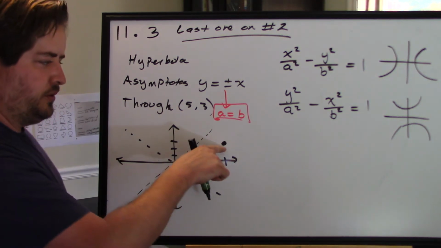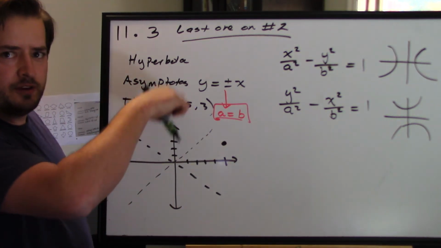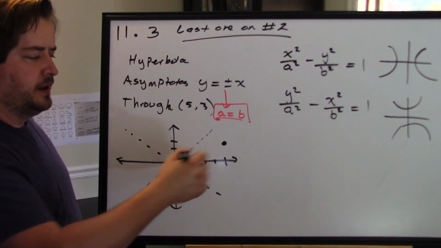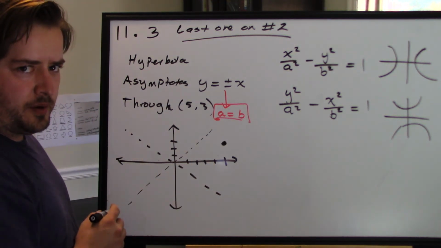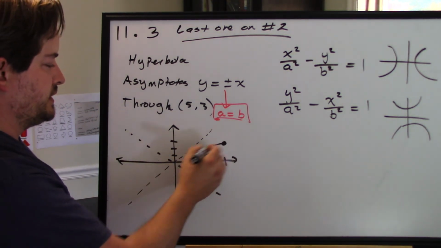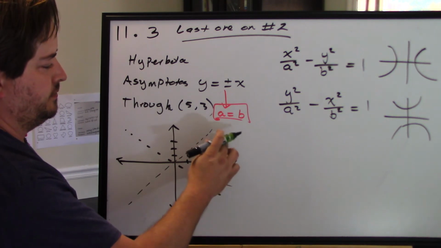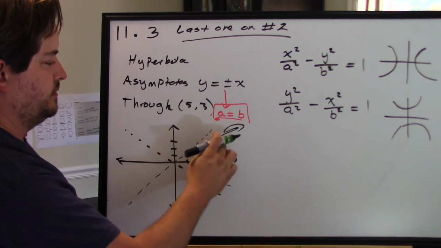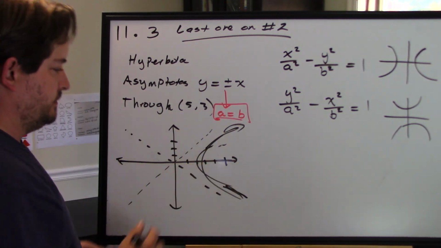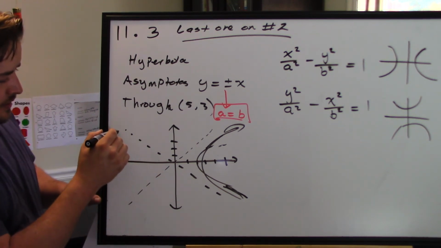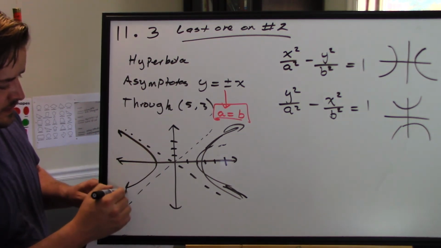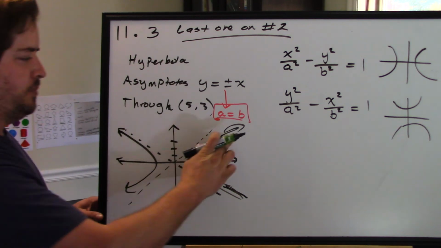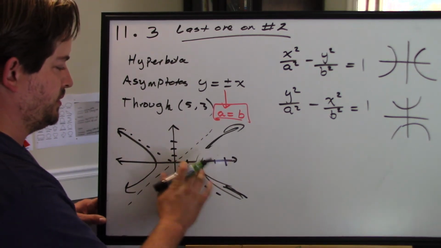Well, that point right there tells me that I couldn't possibly have an up and down hyperbola. It has to be a left and right hyperbola. So I know I look something like this, right? Maybe not the best picture. I have something that looks like this, right? My hyperbola is a left-right hyperbola.